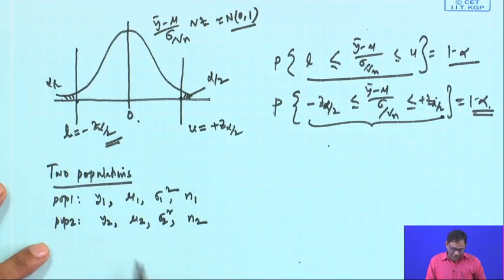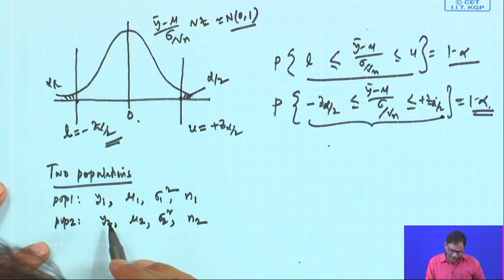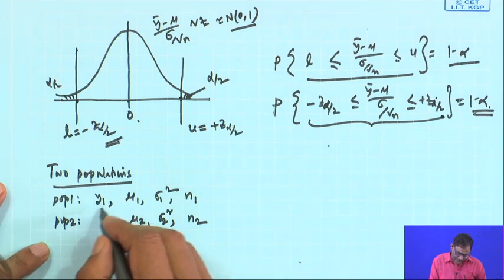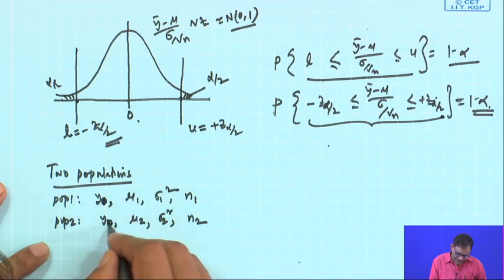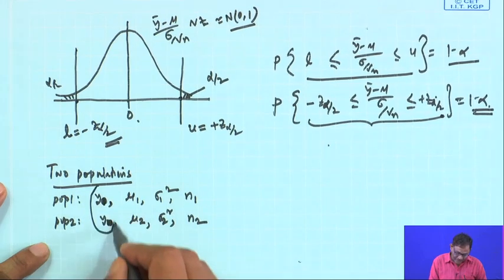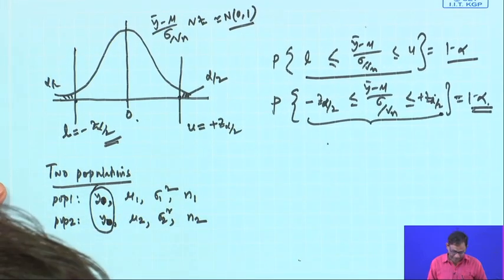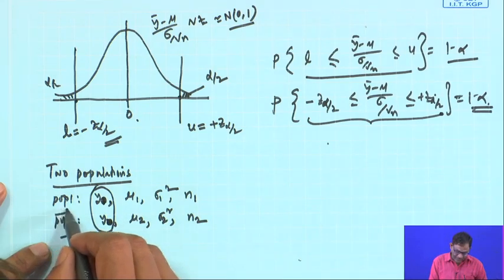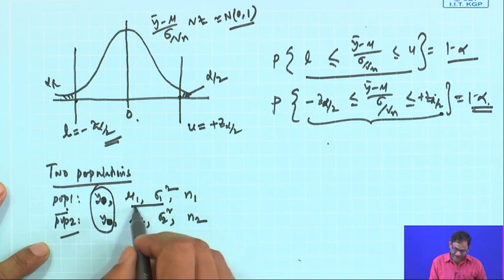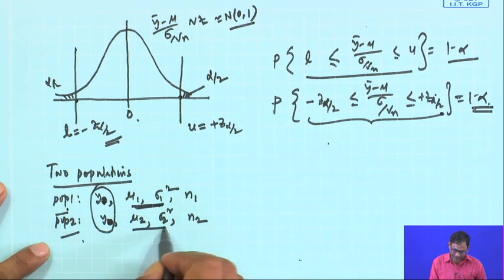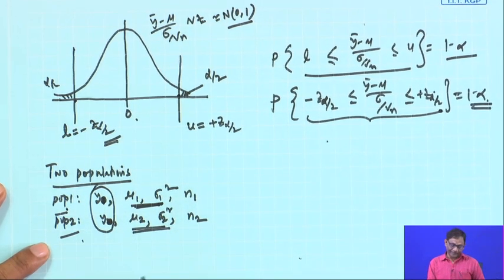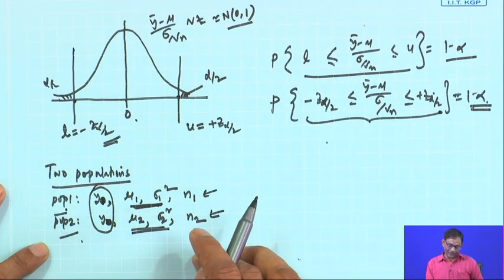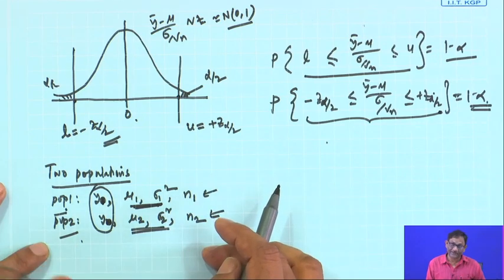Okay. What we want basically, there is a slight difference here. The variable of interest is the same y for the two populations, but population 1 has a certain distribution with this and population 2 with this. You collected two different samples of size n 1 and n 2, and these are independent samples.